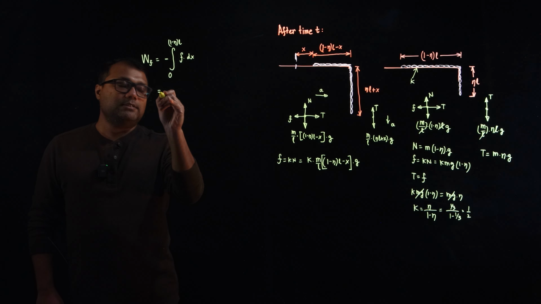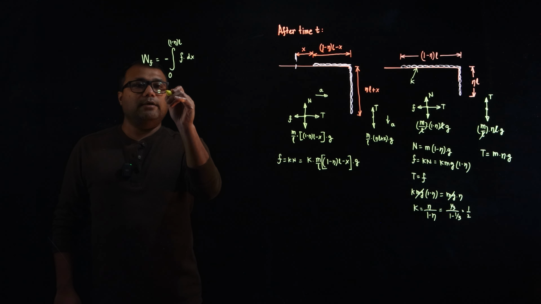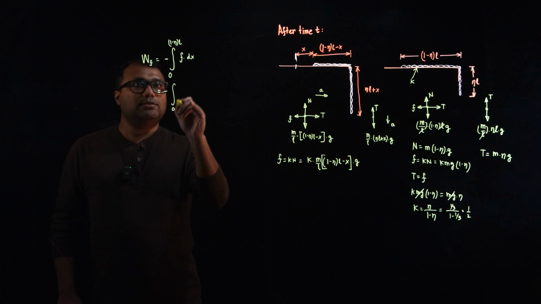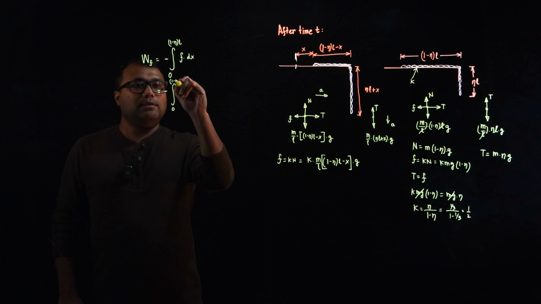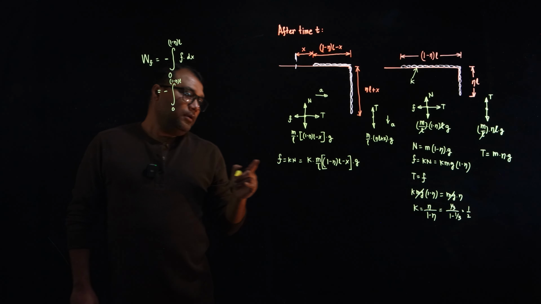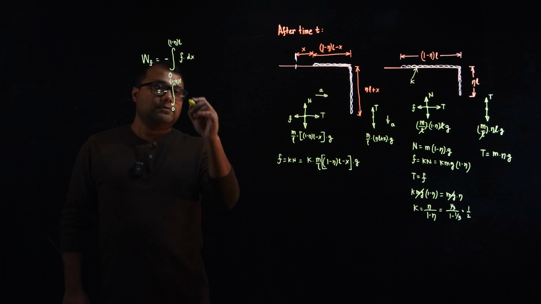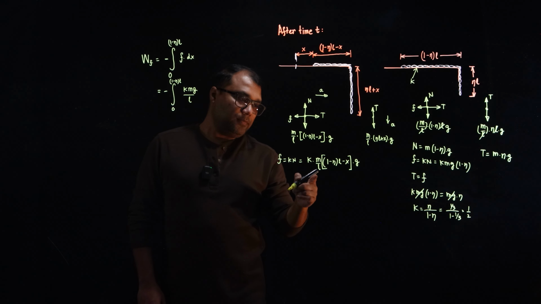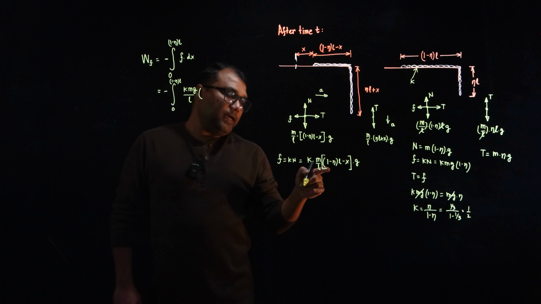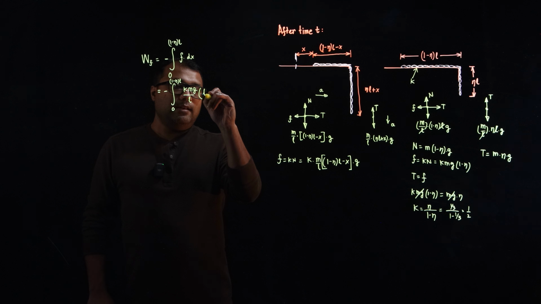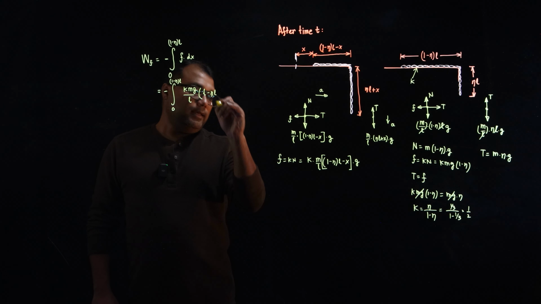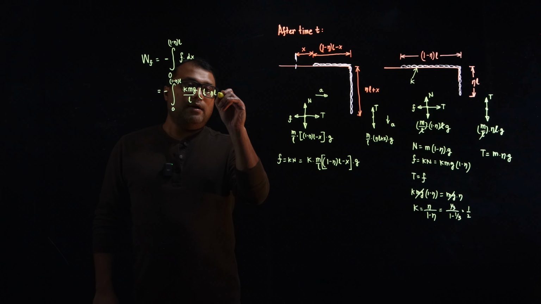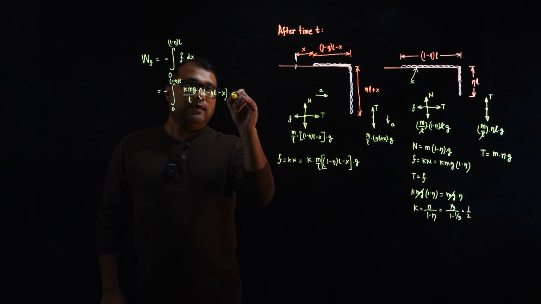All right, so let's do this integral. This should be pretty simple. We can write minus the integral from 0 to 1 minus eta L. Let's substitute this: kmg by L is the constant part, and then in brackets it is L minus eta L minus x, dx.